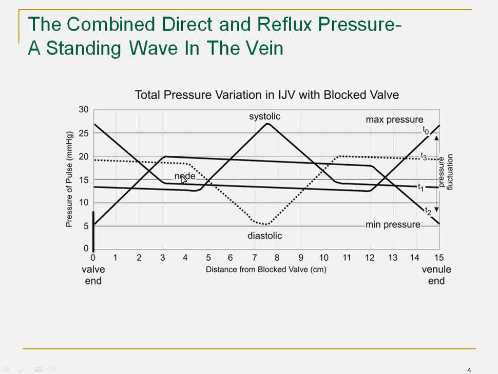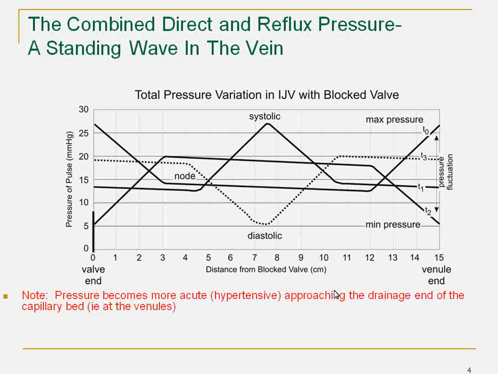At these quarter wavelength points, it's not quite nice stationary pressure that one saw with a nice sine wave, but it's fluctuating a little bit. However, it is a lower pressure than what one would see, for example, up here at the venule end, or the capillary drainage end of the capillary bed.